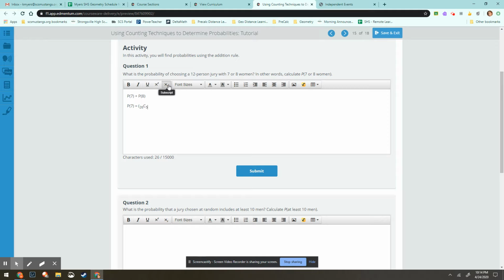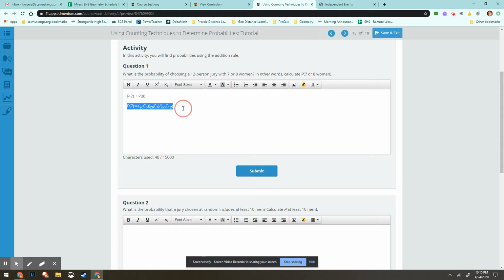That would be 26 choose 5. And then there were 29 women to start with. So we're going to do 29 choose 7. Okay? And then I have to divide by the total number of ways to get that, which is 55 choose 12. Okay? And so that's how I figure out the probability of 7.